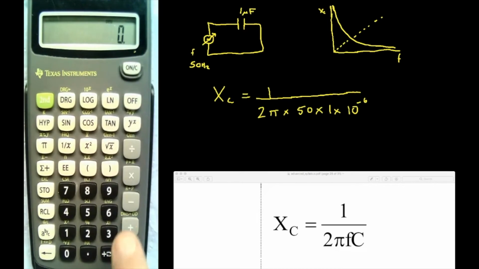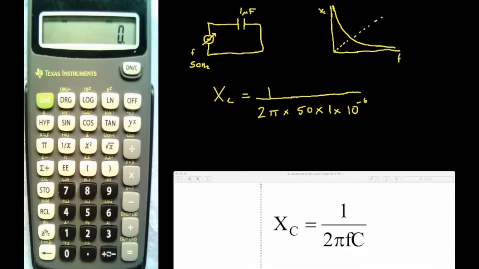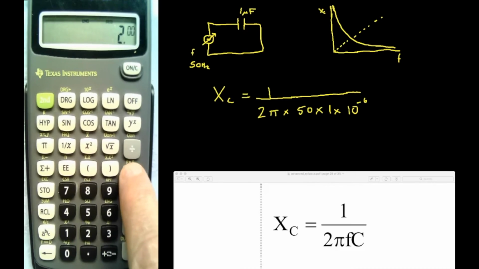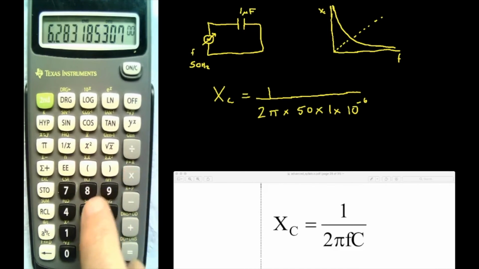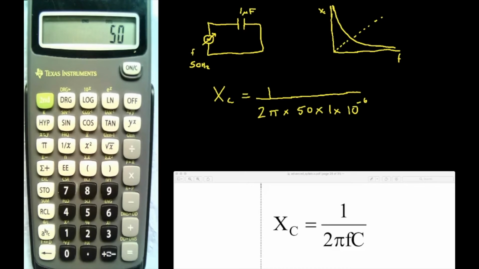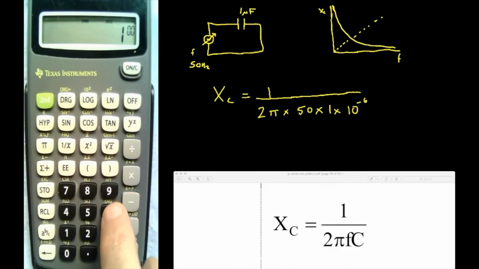We've also got some engineering notation, so I'm going to put it into engineering notation now. It doesn't matter if I forget, I can do it later on, but it keeps life easy. So I say 2 times pi times 50 times 1 EE 6 change sign, so EE minus, and evaluate that.